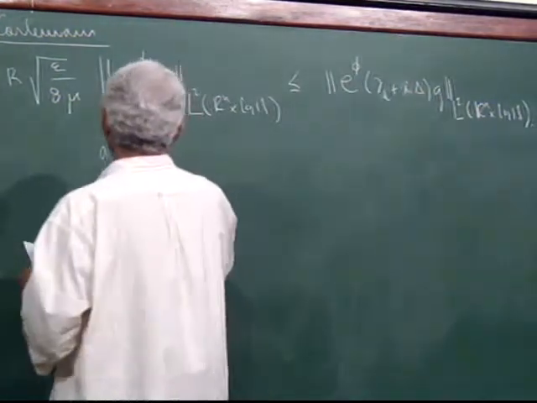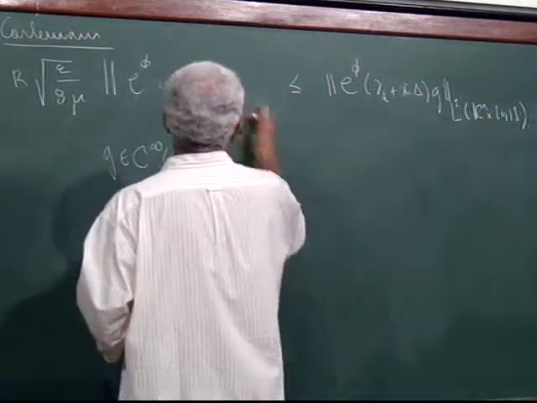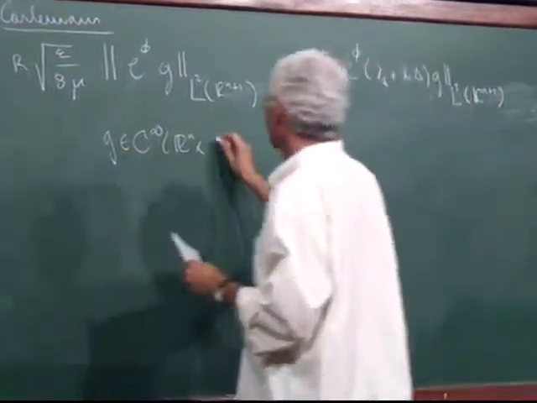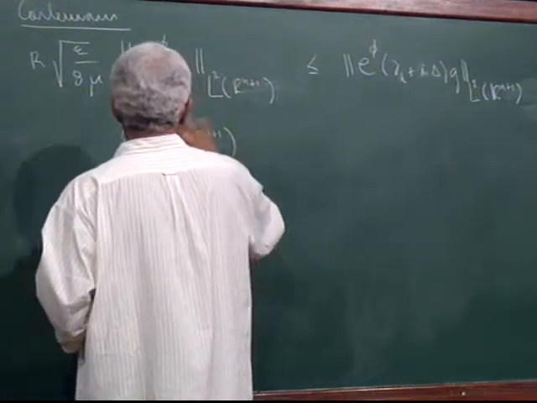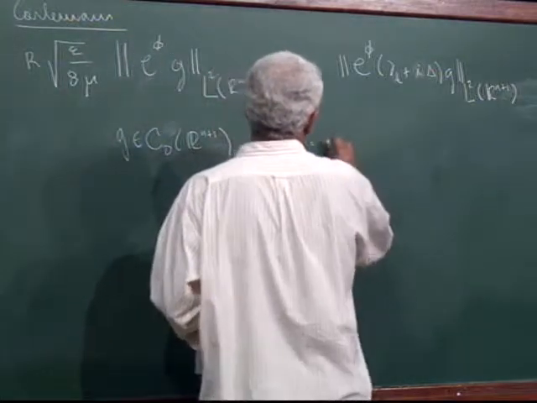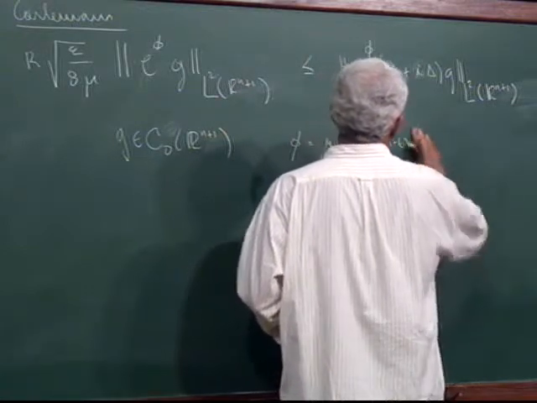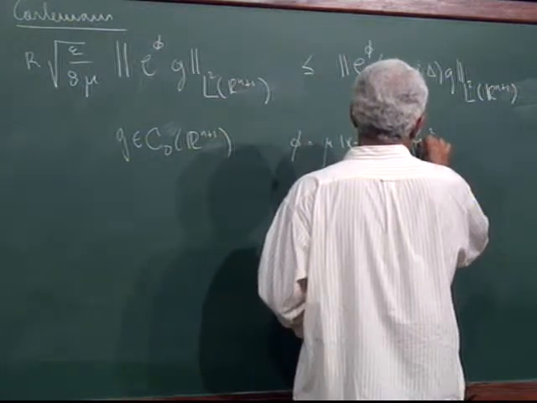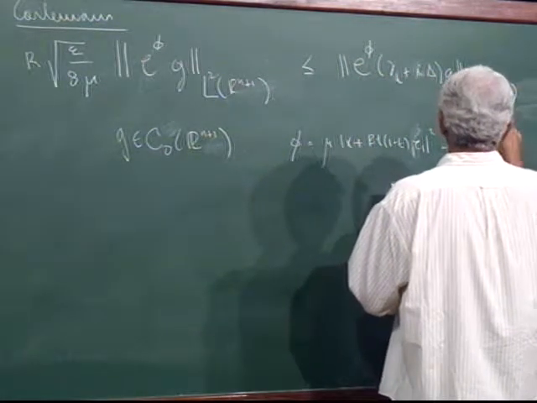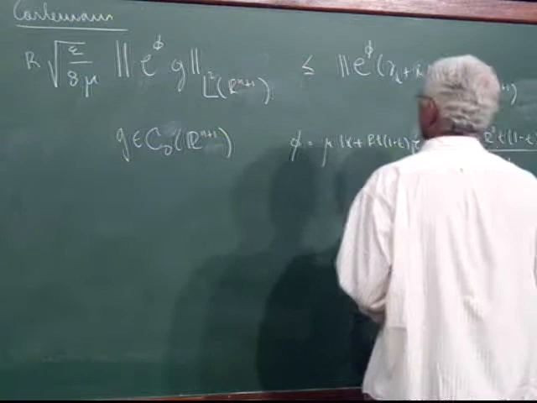If G has compact support, I have to put n plus 1, I'm sorry, because you have compact support in n plus 1. And that phi is this function, mu x plus r t1 minus t square e1 square minus 1 plus epsilon r squared t1 minus t, over 16 mu. We proved this.